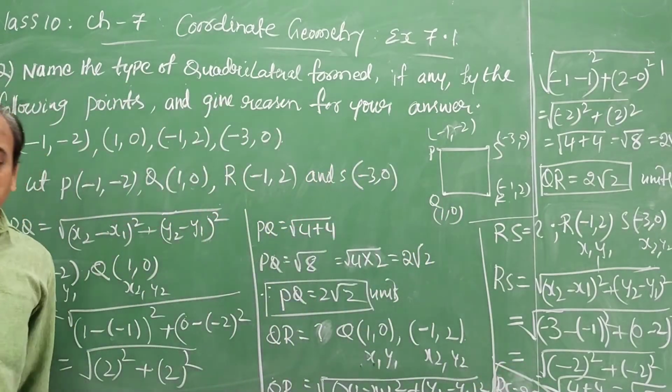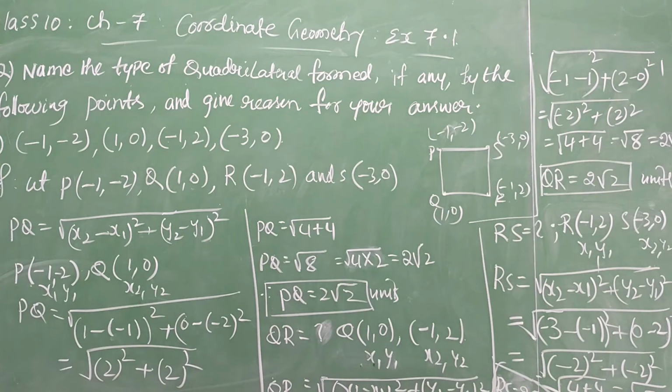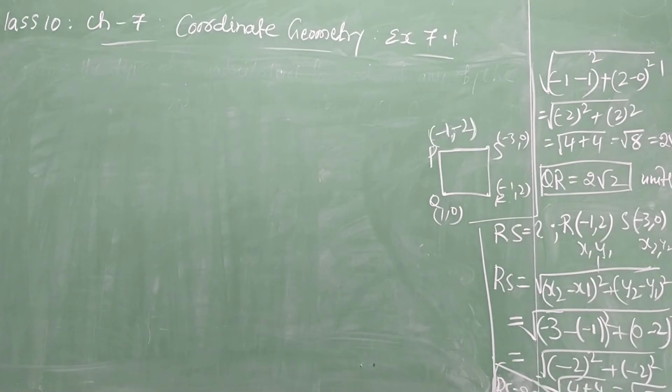So now leftover is SP. If we get SP also the same, then we need to verify whether it is a square or a rhombus. Let us see now. SP or PS distance we will find out.